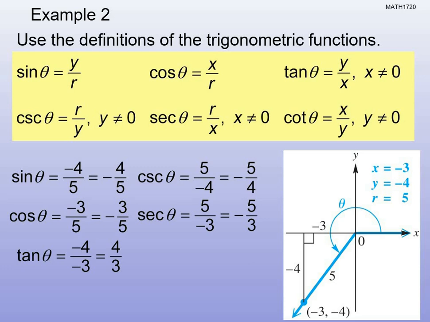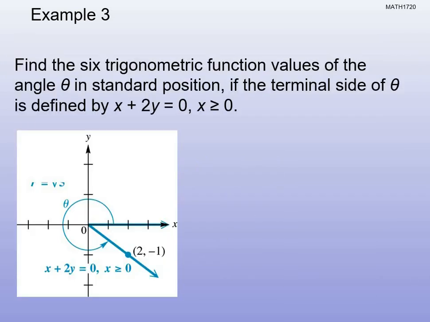Later on, I'm going to teach you a little acronym that helps you go through all that. If we want to find cotangent, we just flip that around and it's 3/4. So I think writing down the trig functions is pretty basic. I think most of you have done this in prior math classes, and this part should be review.